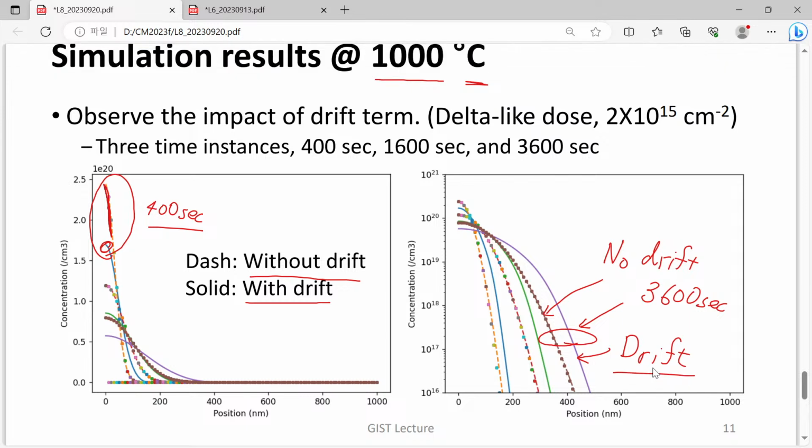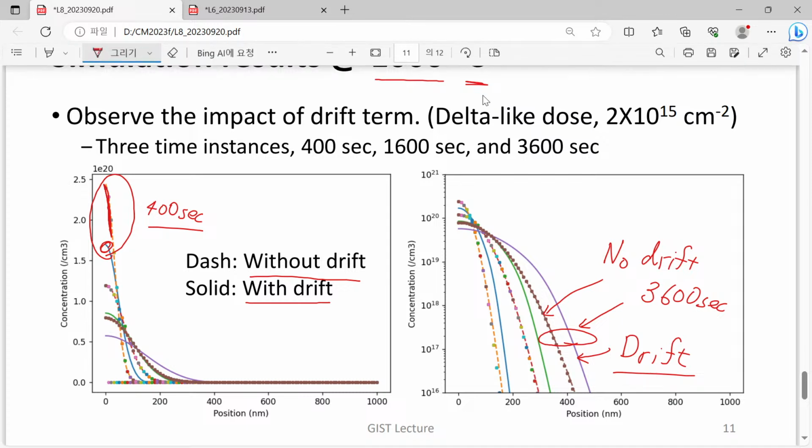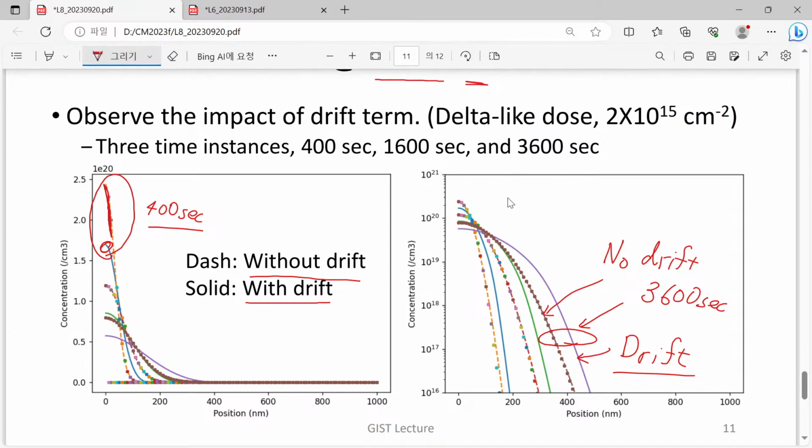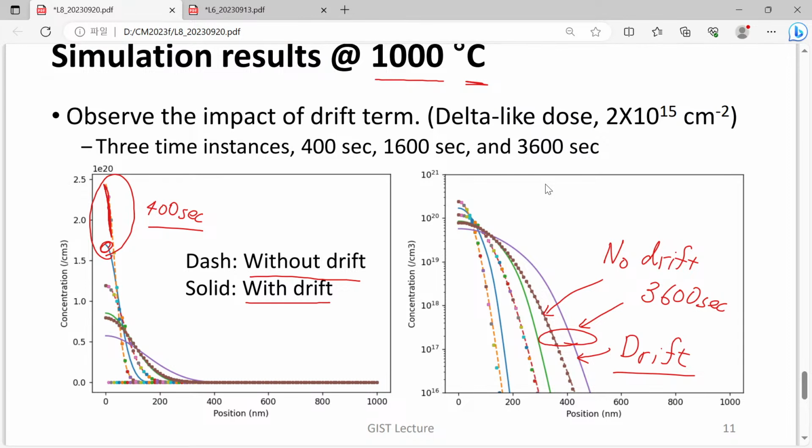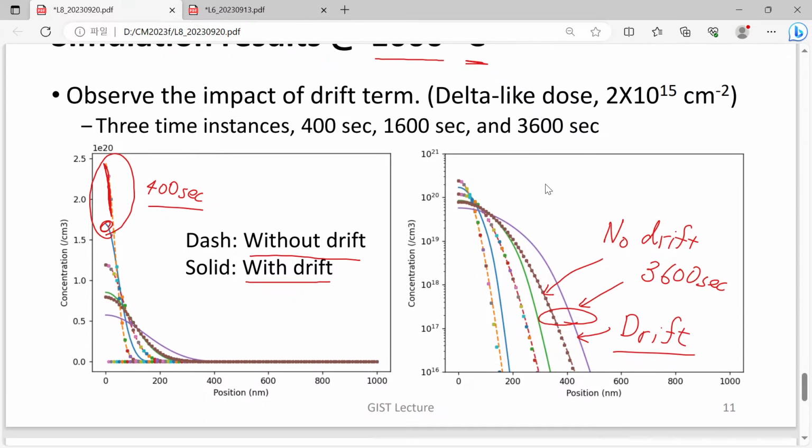You can see that with the drift term, our diffusion is enhanced. Okay, so why do we have this enhancement? For a while, just forget about it, and please try to calculate this one.